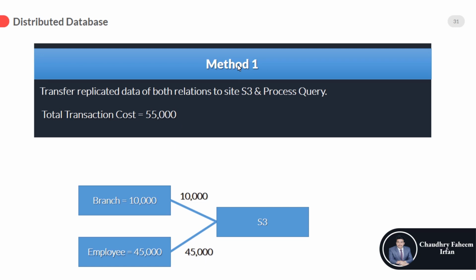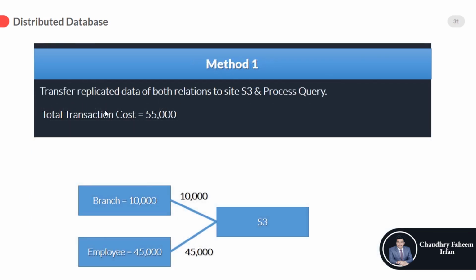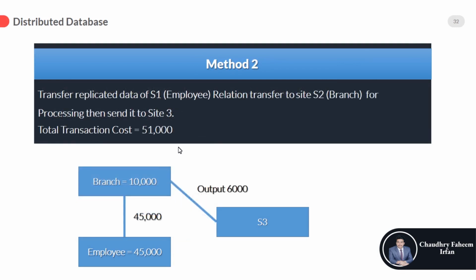So in method 1, we send the replicated data of both relations to site 3 and then process the query according to our requirement, where branch city is equal to Multan, and project ID, name and phone, performing the projection and selection operations.